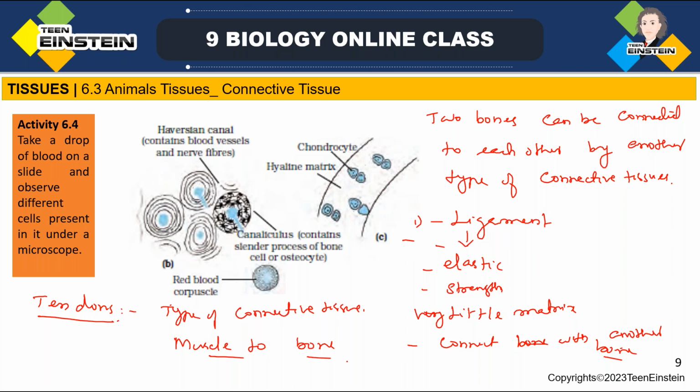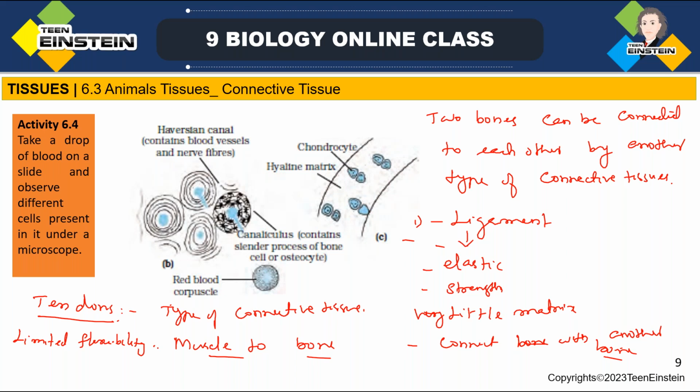Tendons and ligaments are both connective tissues, but ligaments are slightly elastic, while tendons give more of the muscle to bone connection. But tendons have limited flexibility.